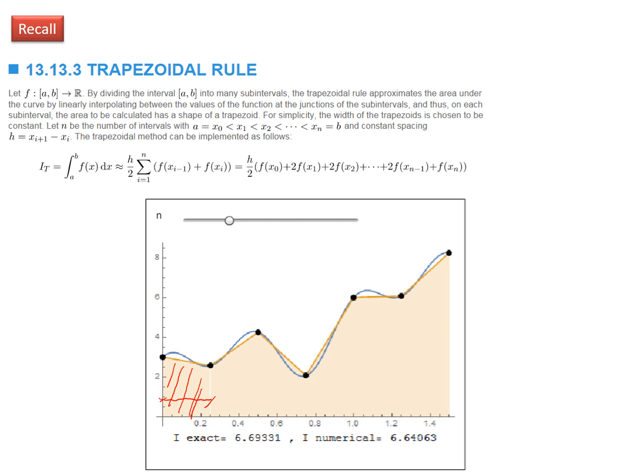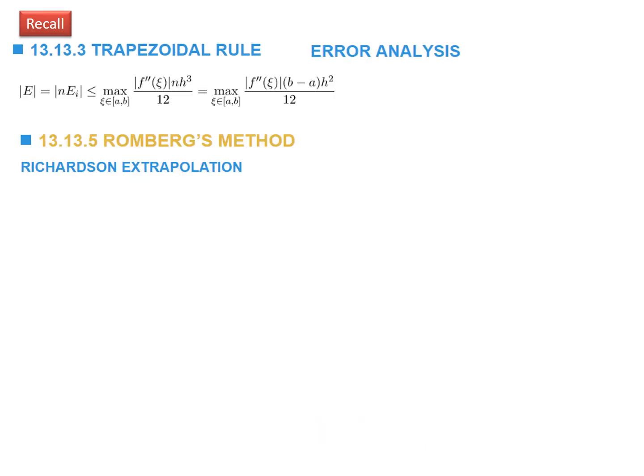By summing the areas of those trapezoids, we get an estimate for the area under the curve. We also would like to recall that the error in the trapezoid rule is directly proportional to h squared.